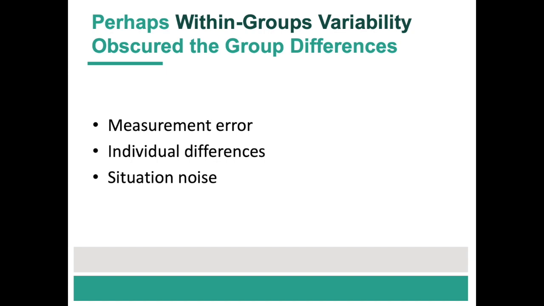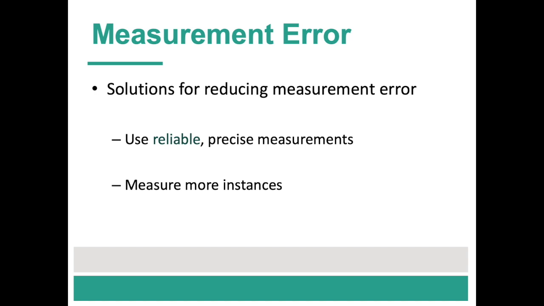Someone might be 5 forearms tall, but someone else has different size forearms, and so someone's going to be maybe the same height but have a different measure. So a solution for that is using reliable, precise measures. So don't use a forearm, use a measuring stick. You also can measure more instances. That helps you see how much variability happened over time just in the measure.